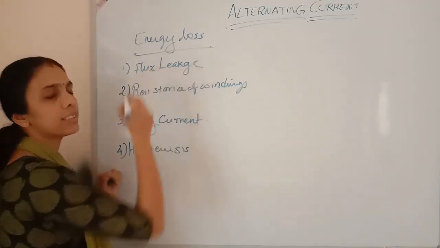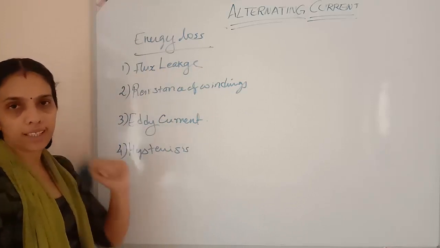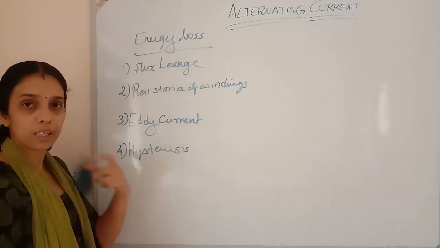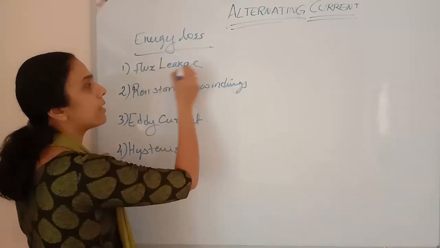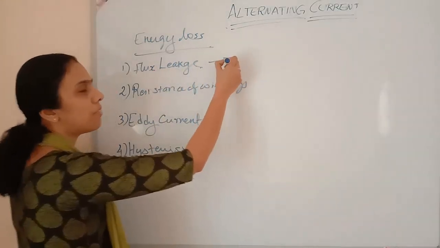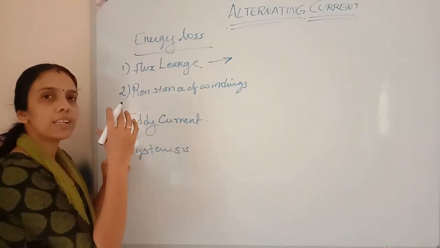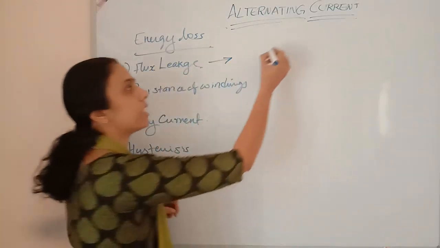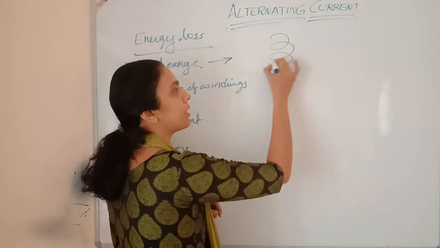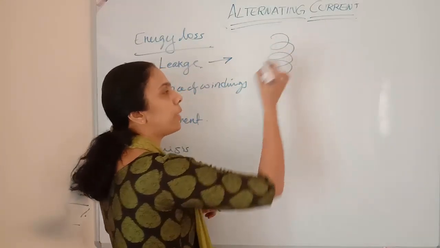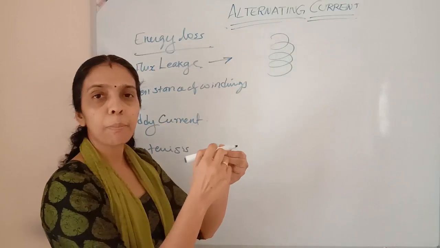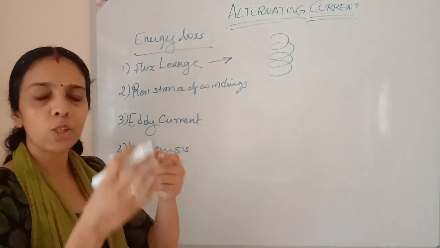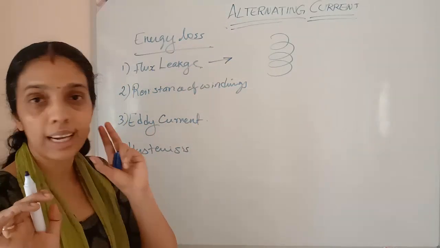First one, flux leakage. Flux means the number of magnetic field lines induced in the circuit, so that is magnetic flux leakage. If there is a gap between the turns of the coil, then air is present, so flux will be leaking through that gap.